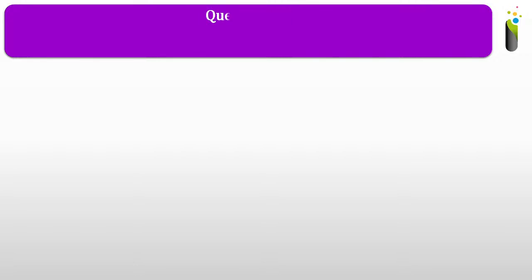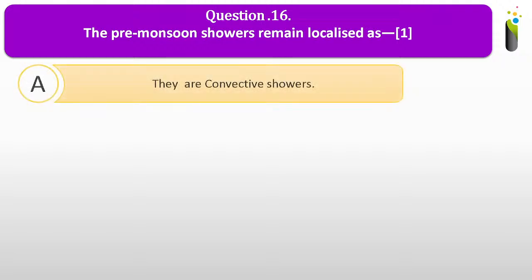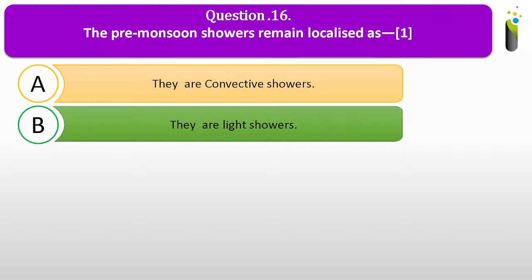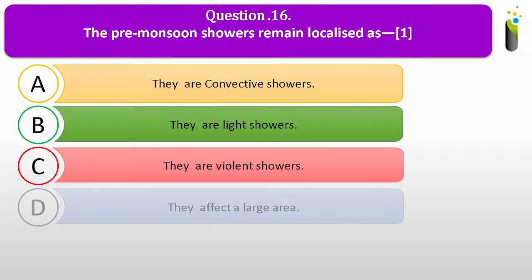Going ahead to question number 16, the pre-monsoon showers remain localized as dash. And your options are A, they are convective showers, B, they are light showers, C, they are violent showers, D, they affect a large area.